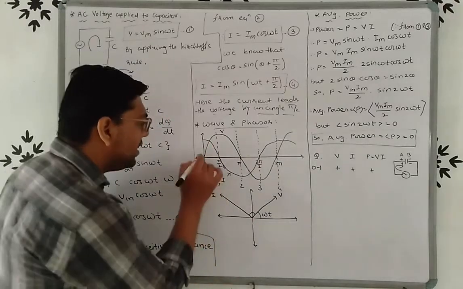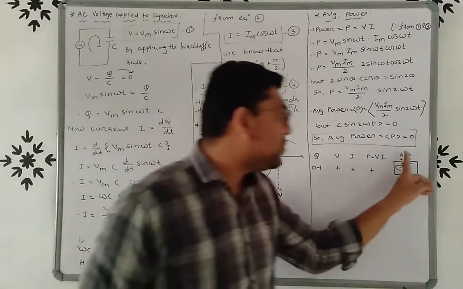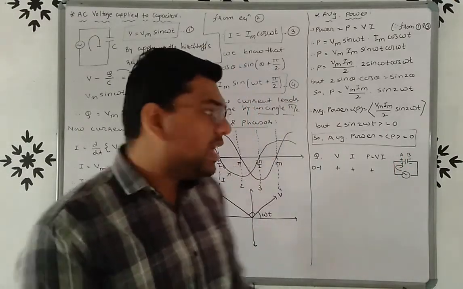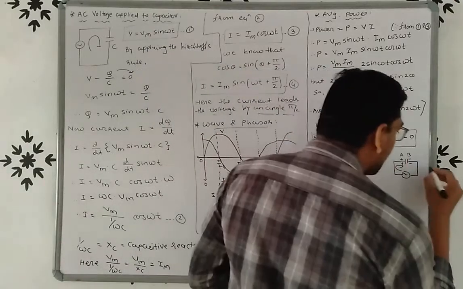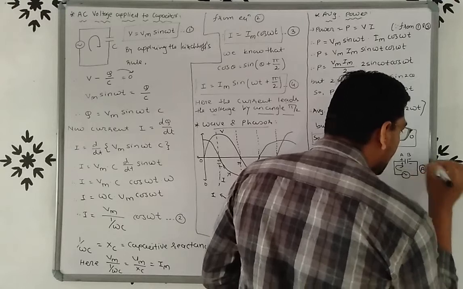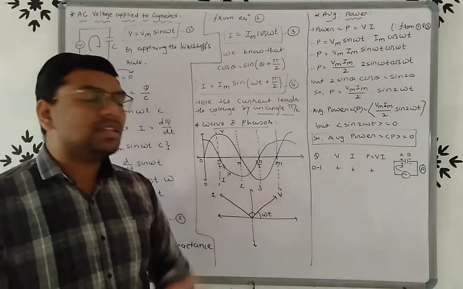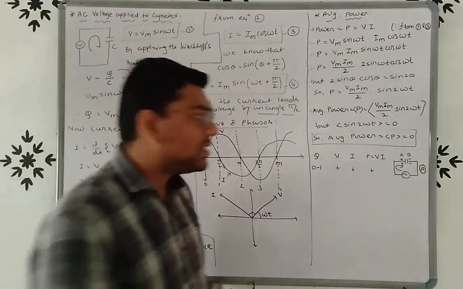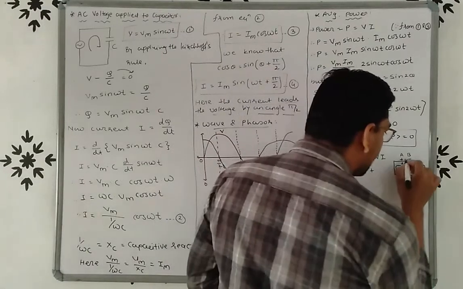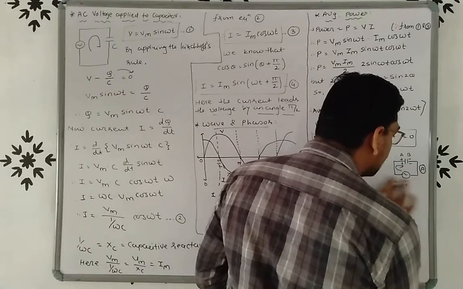But here voltage starts increasing and current starts decreasing. Suppose plate A is positive, so plate B is negative. In this case the energy is absorbed in the first quarter. As this energy is absorbed from the source, we can say that the capacitor starts charging, right?